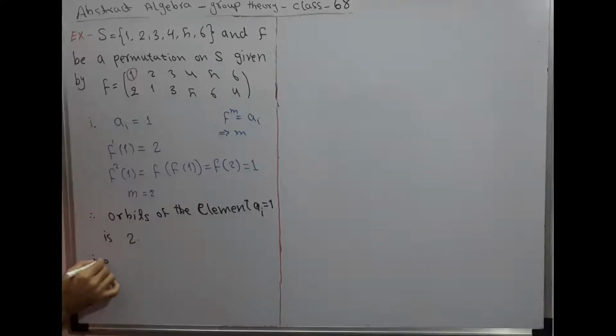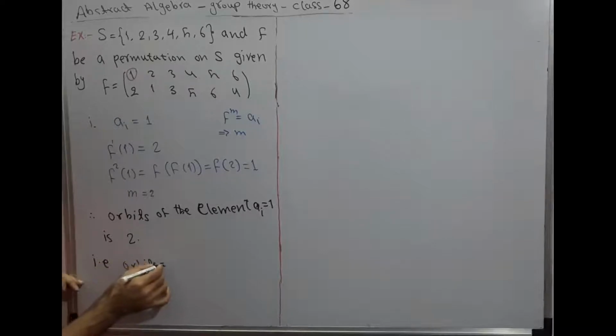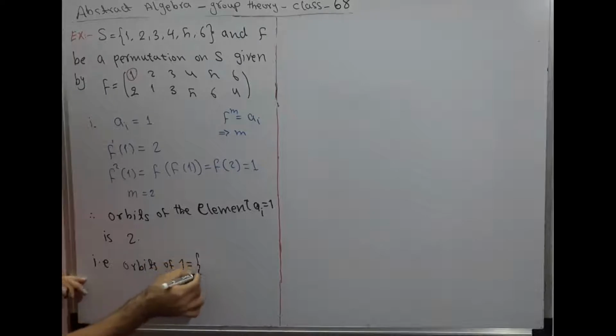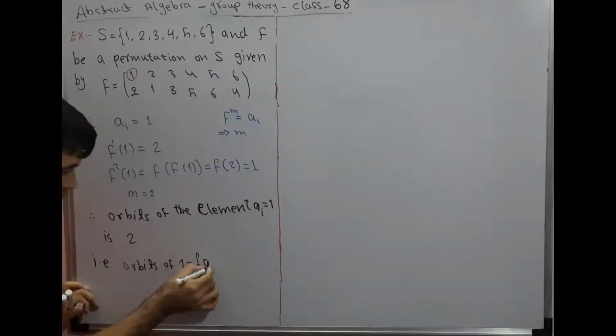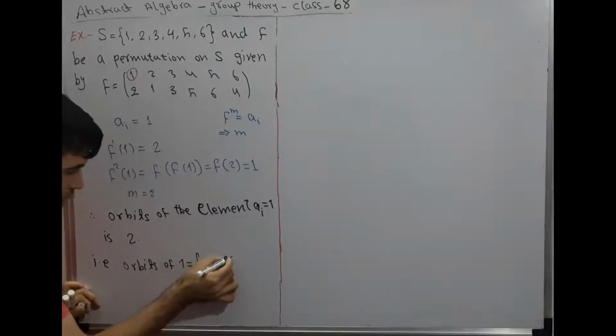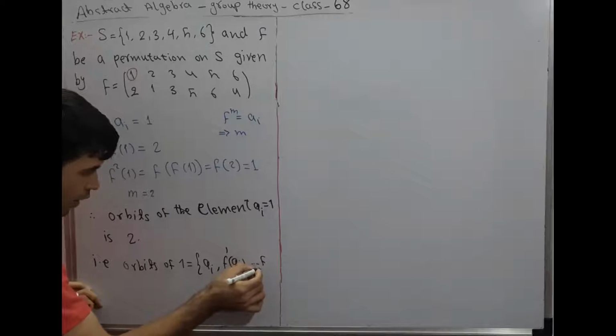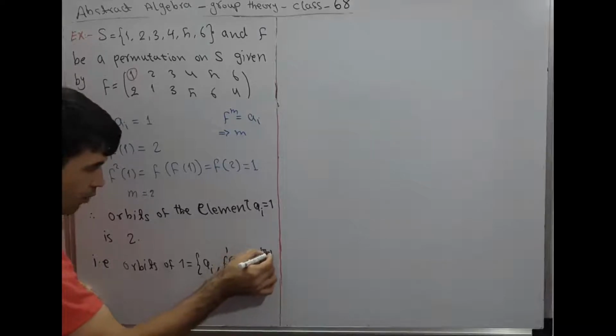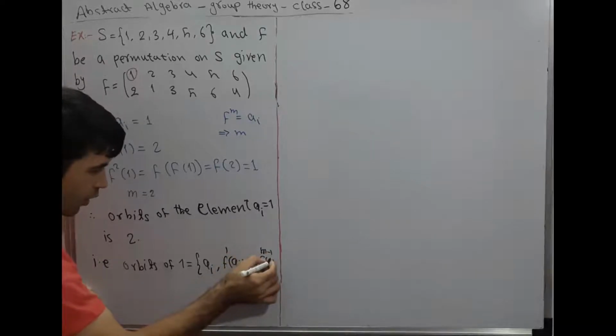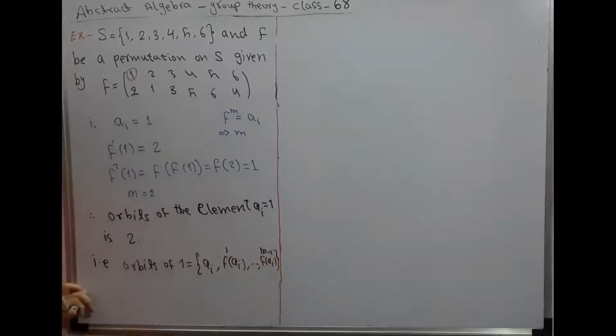That is, the orbit of 1 is equal to ai, f of ai, and so on up to f to the power m minus 1 of ai.